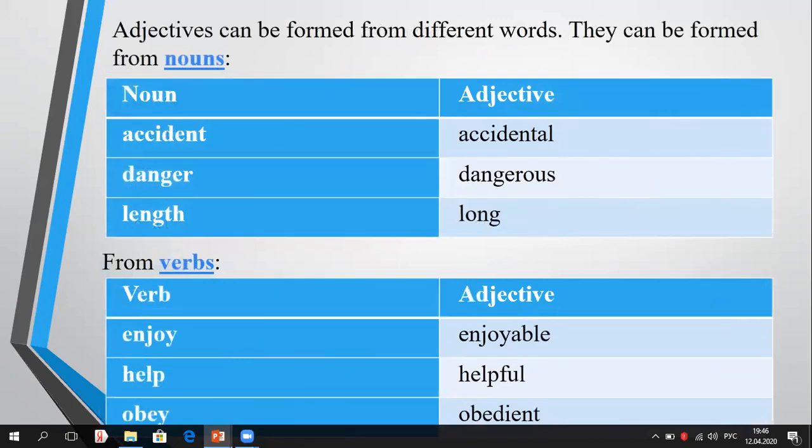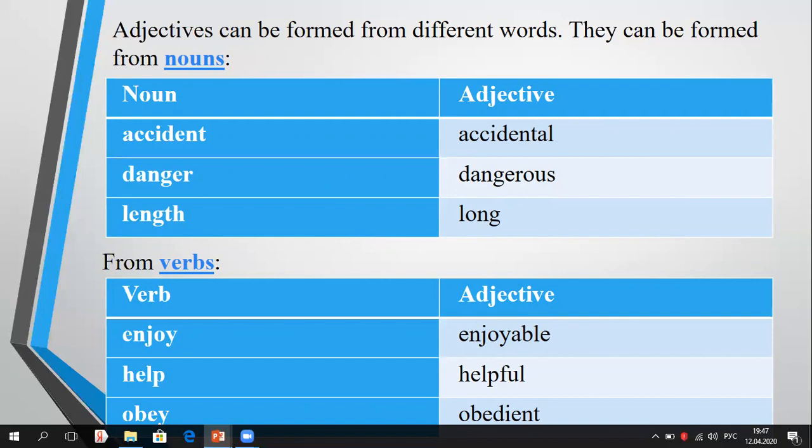Adjectives can be formed from different words. They can be formed from nouns. This is a table of adjectives that are formed from nouns. Noun, accident. Adjective, accidental. Noun, danger. Adjective, dangerous. Noun, length.